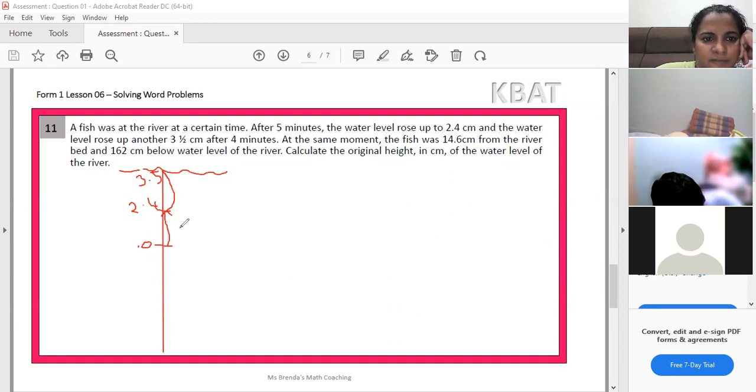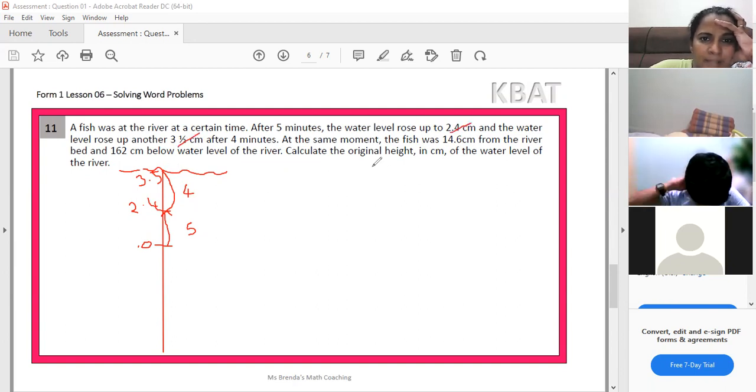So the first 5 minutes and then the next 4 minutes, the water level rose up. This much, 2.4 centimeters and 3.5 centimeters.